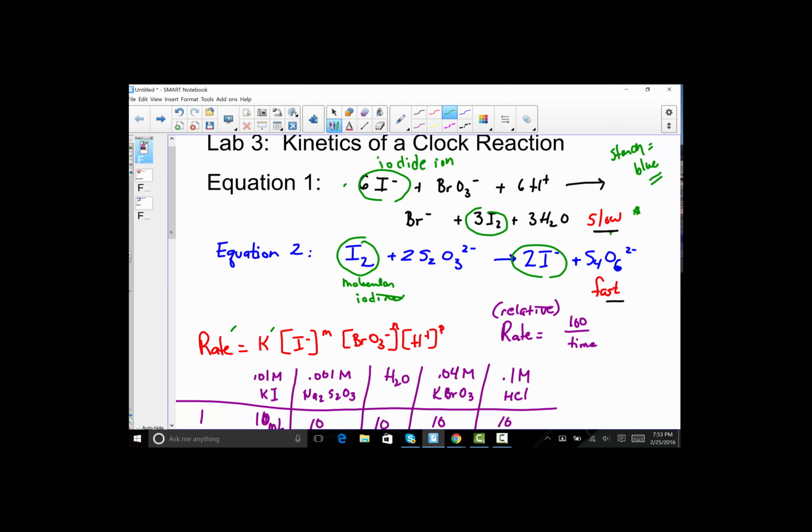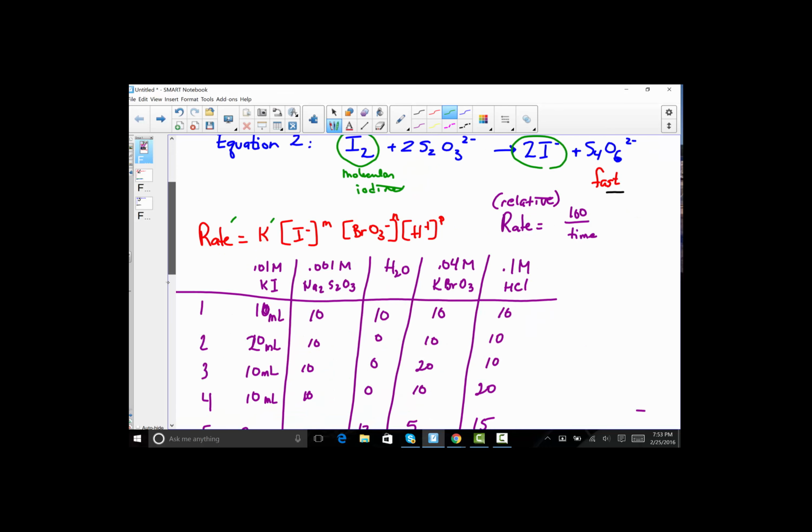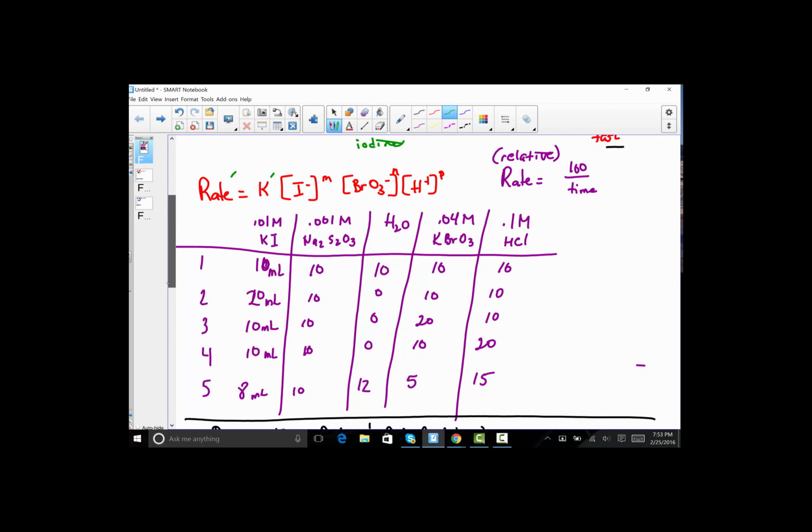rate. So here on your Prelab, this is just looking at the recipe coming out of your Prelab. This is page 10 that you wrote into your notebook, telling me how many milliliters of each ingredient we need to put together to create a reaction vessel. So I know that in my first beaker, beaker 1, we added potassium iodide.